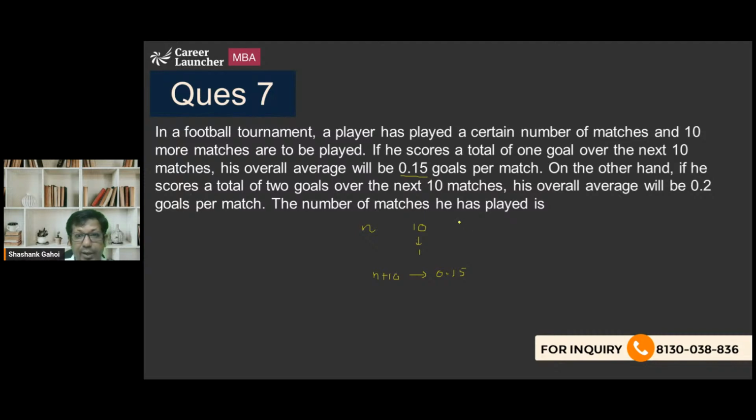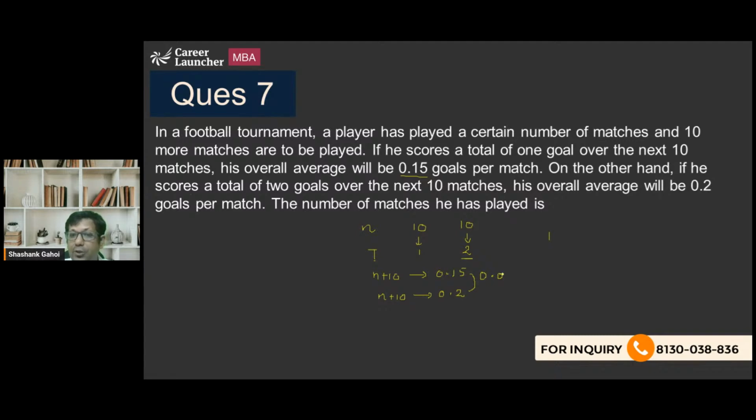If instead of one, in the 10 matches he scores two goals, his average for n plus 10 matches is going to be 0.2. So what is the increase in the number of goals? 1. The number of goals increased by 1. And what is the change in average?